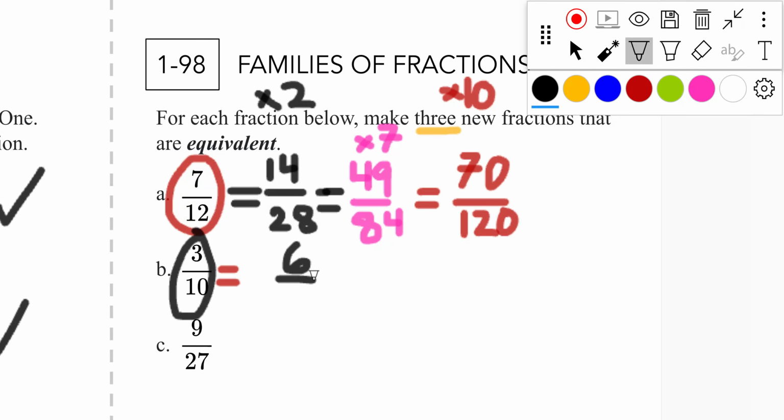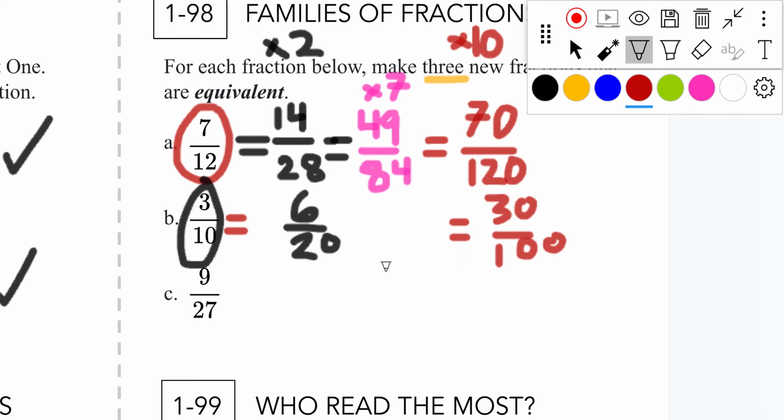Yeah, if I double everything, the numerator and the denominator, I'll get 6 over 20. That's one correct answer. Now if I multiply by 10, I will get 30 over 100. And you can do the one that's times 7 or times 5 or whatever number you multiplied by.